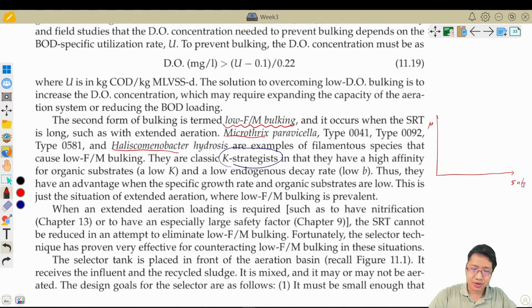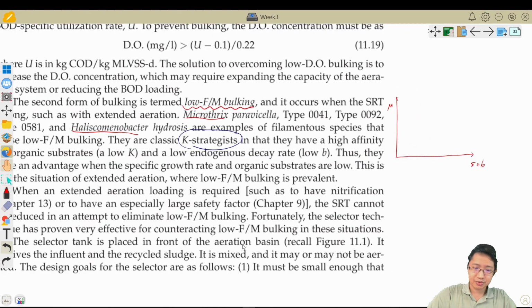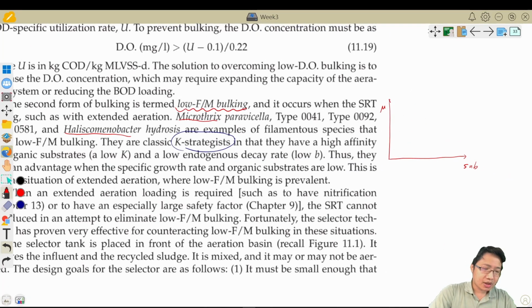For the K strategist bacteria, the correlation between the substrate concentration and the growth rate is just like this.